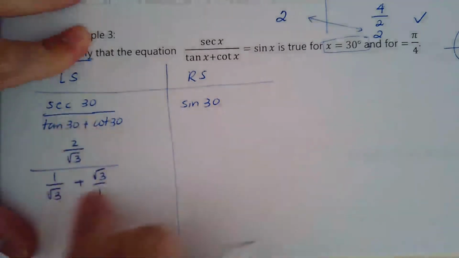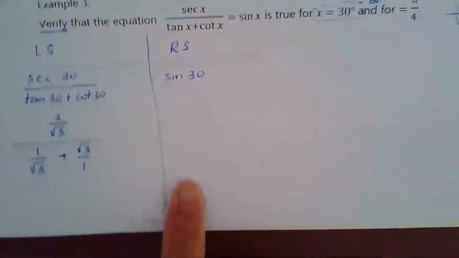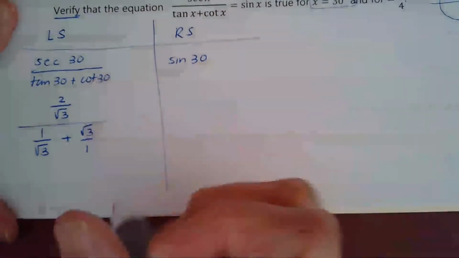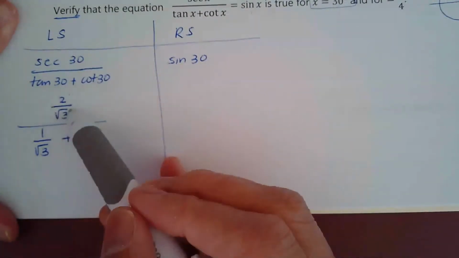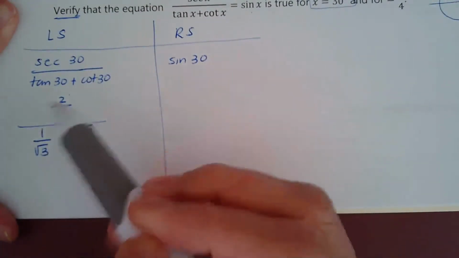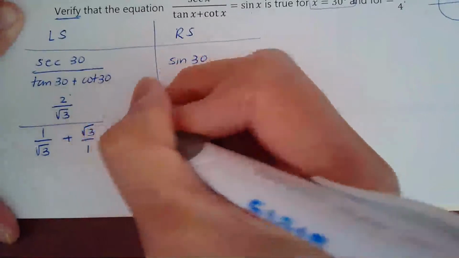So how can we simplify this mess? How do we do that? Well, this is a complex fraction, meaning we have a fraction in the numerator and some fraction in the denominator. We need to have the same denominator.